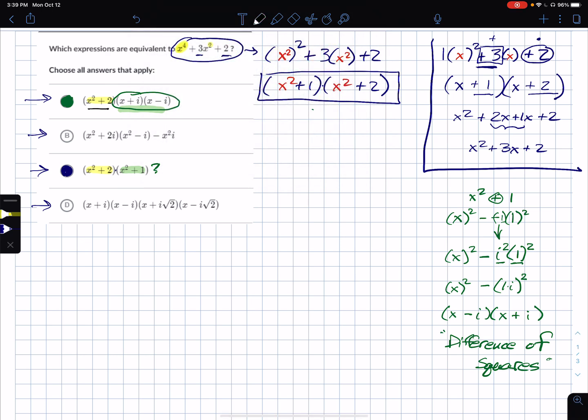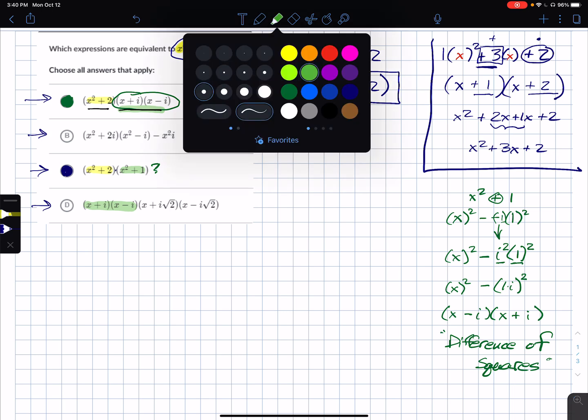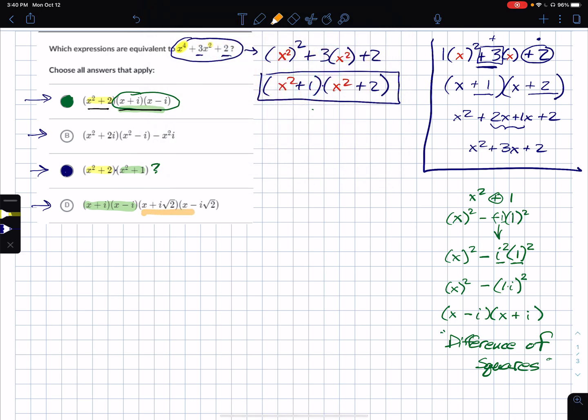If we have x squared plus 2 times x plus i times x minus i, we see that x plus i and x minus i down here, and then on D, it appears that they're exchanging out the x squared plus 2 for this x plus i root 2, x minus i root 2. So you may see that or you may not. And again, you might have to tackle this by going at these with brute force and distributing them out to see if you get back to here.